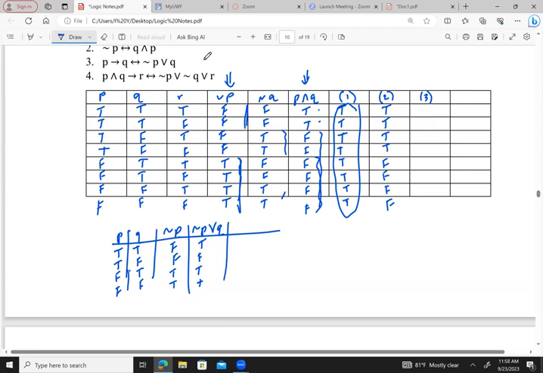And I need if P then Q. And we have true, true, which is true. True, false, which is false. True, and true. Then I have the biconditional.